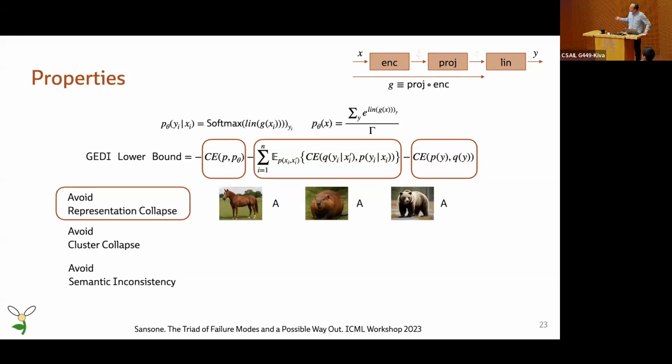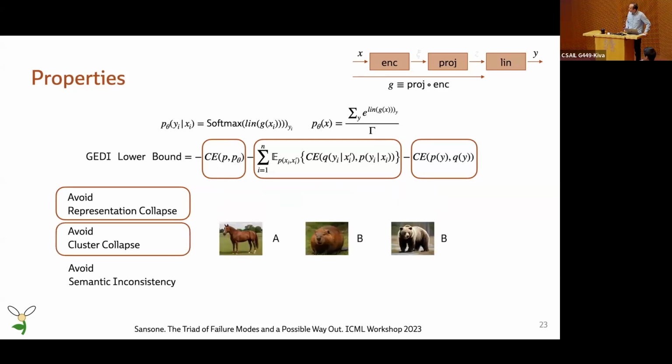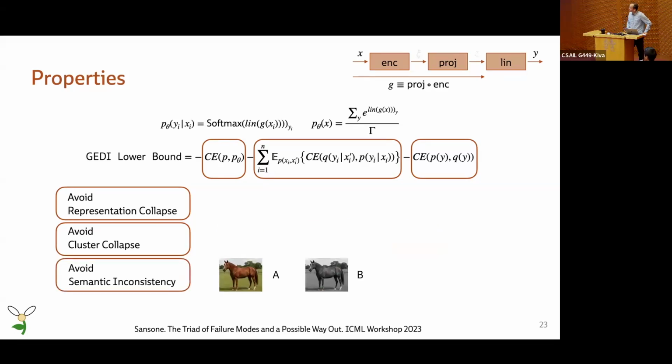Representation collapse is the problem where your neural network, when you give it images as input, always predicts the same concept. Another issue is the cluster collapse problem, where some of the concepts overlap each other, so for instance here you cannot distinguish between these two concepts. And finally, you can be inconsistent with respect to your data augmentation.